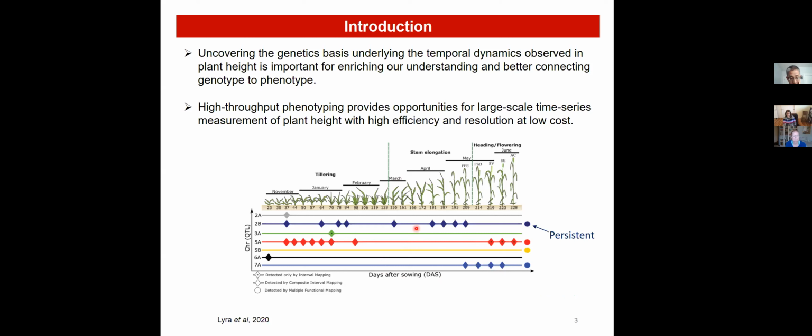So having now made some good progress with high-throughput phenotyping, I think we have the opportunity to collect time series plant height data at a large scale with high efficiency and resolution, but also at a low cost.